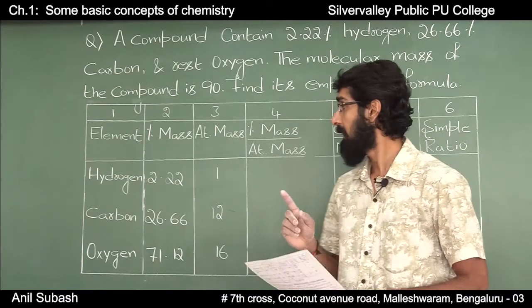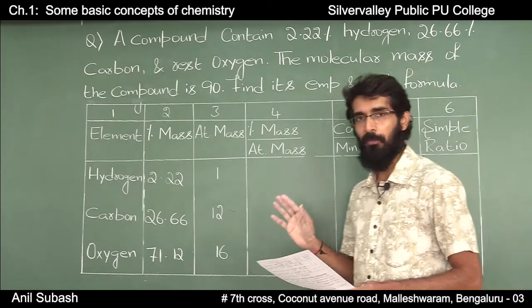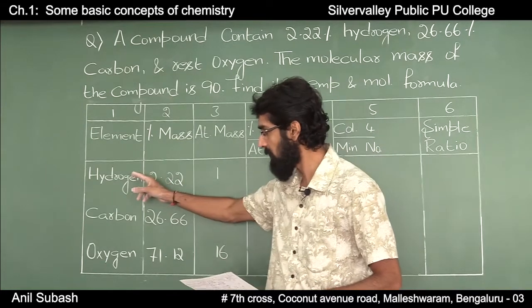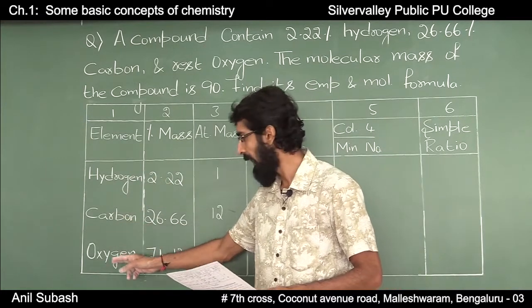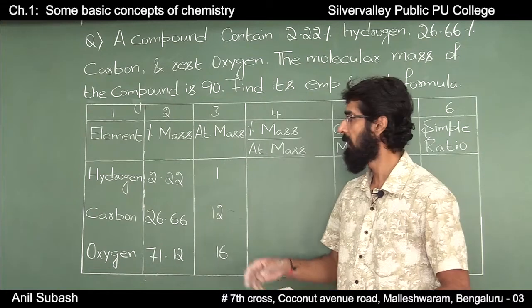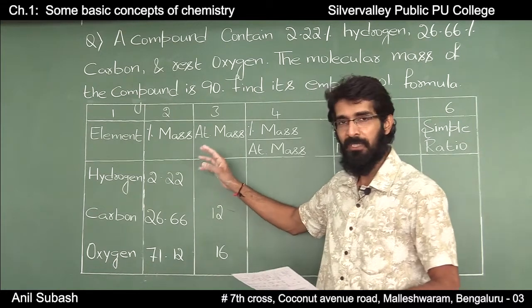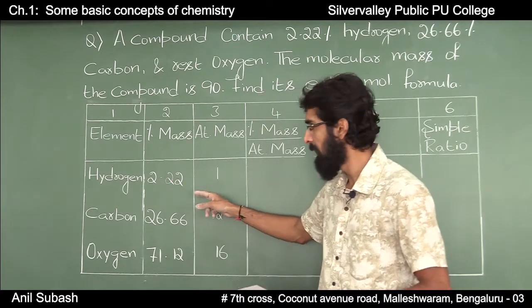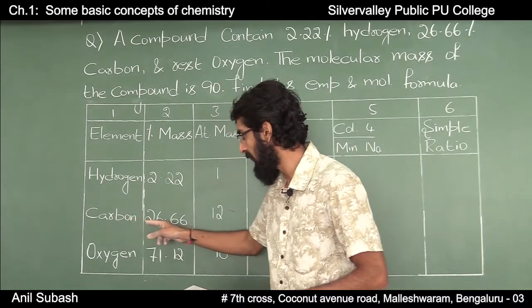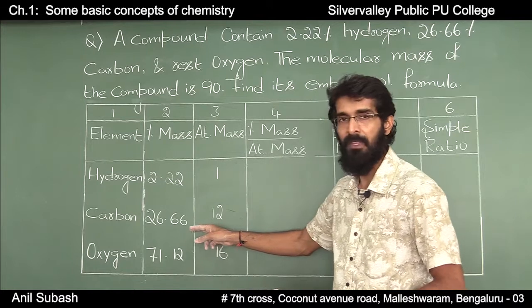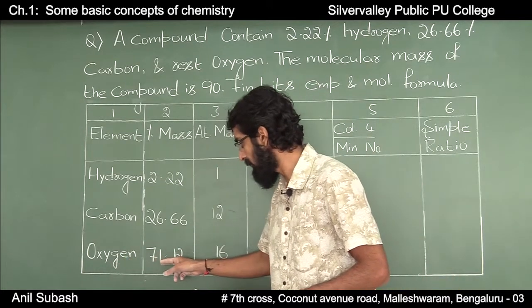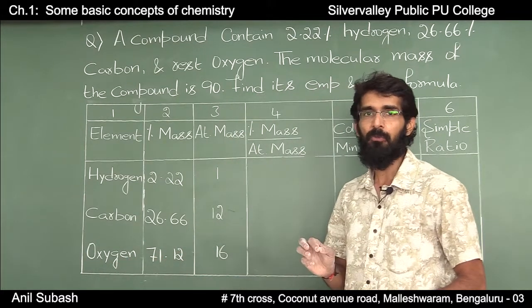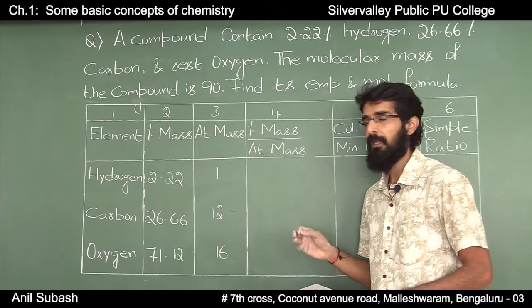Here it is given that the compound contains hydrogen, carbon, and oxygen, and the percentage composition of hydrogen is 2.22, percentage composition of carbon is 26.66, and oxygen will be 71.12%.